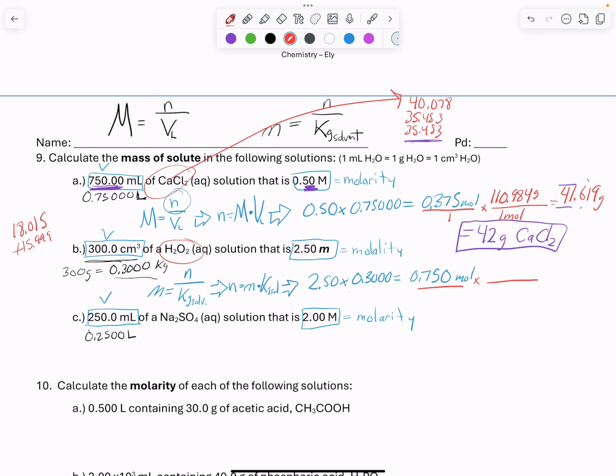I get 34.014 over 1 mole, so the moles cancel and we get just multiplication. That molar mass times 0.750, from my calculator.